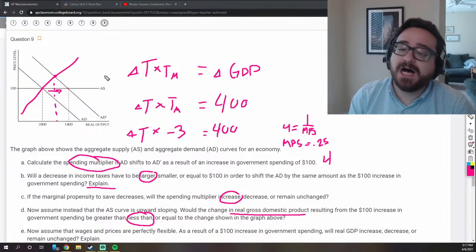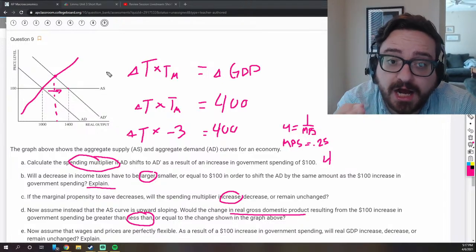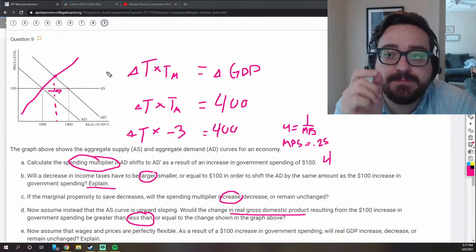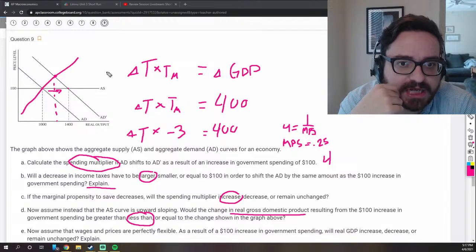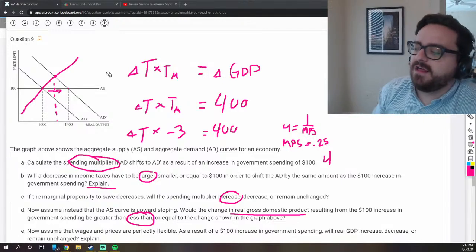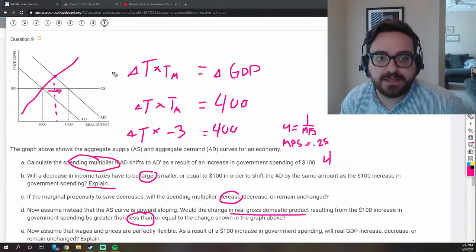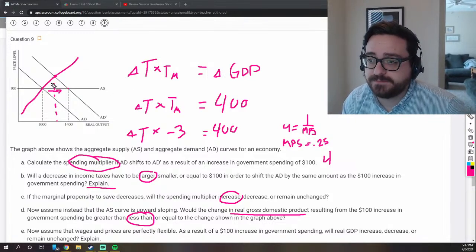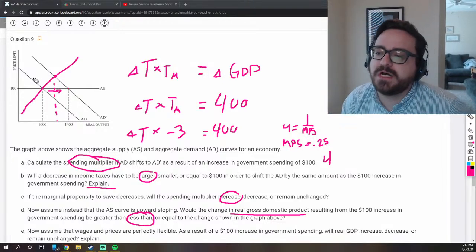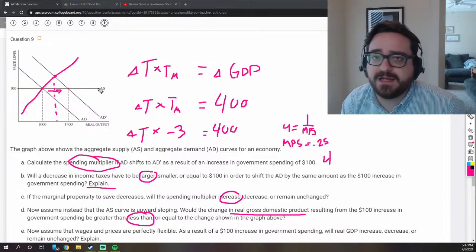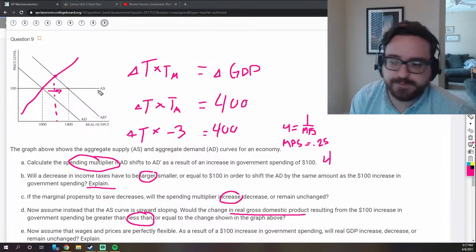But if it's an upward sloping supply curve, that increase in spending will cause prices to go up, which means my real GDP should be getting a little bit smaller when that price level goes up. So effectively, that increase in prices is going to eat into my real GDP a little bit. Because if it's a normal supply curve, inflation can happen there. It being horizontal just meant that when I changed aggregate demand, prices wouldn't change at all, which is weird, but that's what they gave me.